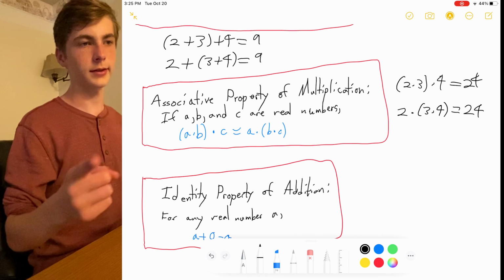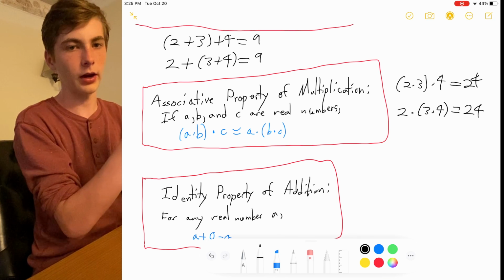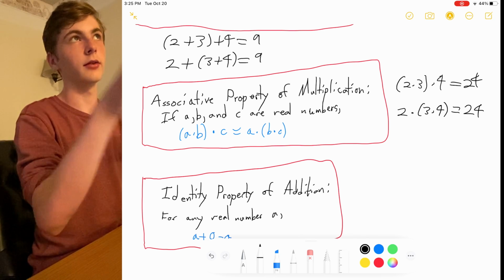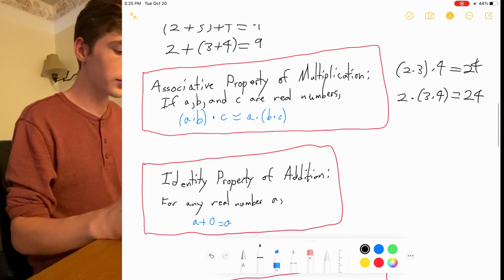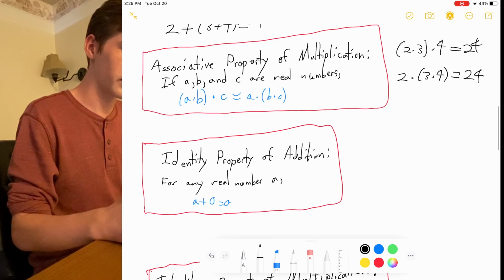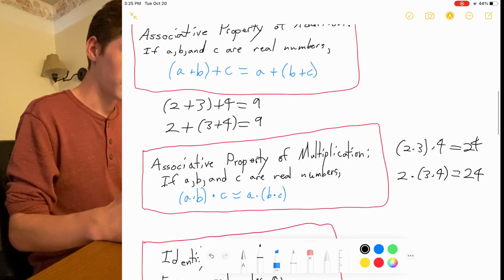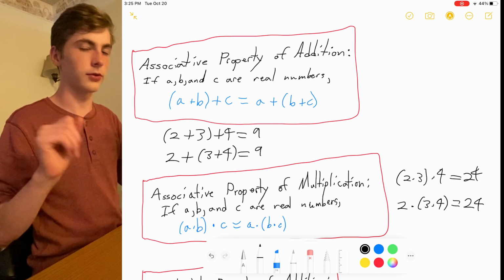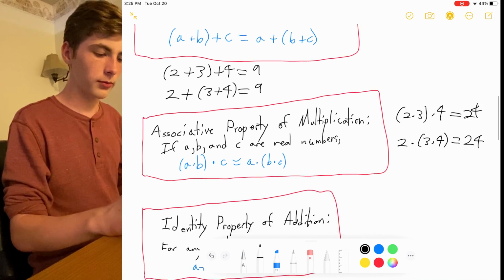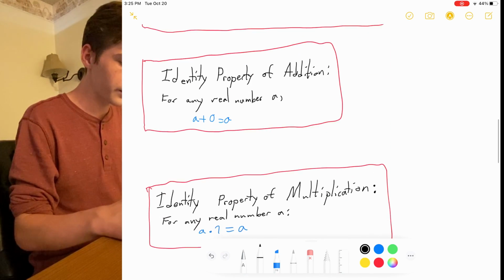It's not like they're both collaborating to become one thing. It's like you're taking this much away from one number. So that's why it doesn't work with subtraction and division. But we have these properties, commutative and associative, for addition and multiplication. Those are important. You probably are pretty comfortable with using them already.